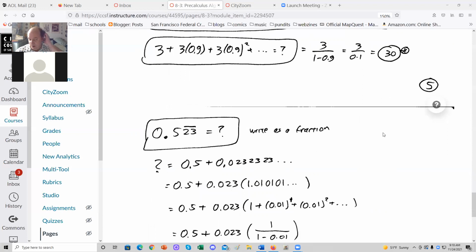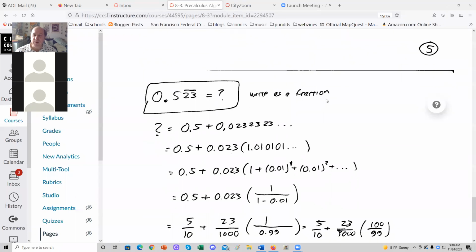Now here we have a repeating decimal, 0.5232323. The question is to write that as a fraction of integers. All right. Well, we can do that by using a geometric series.